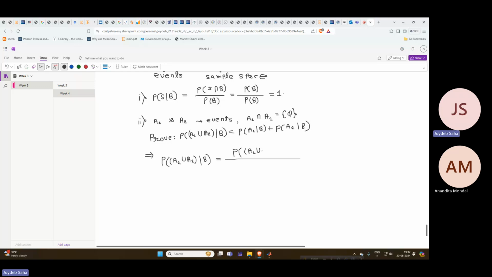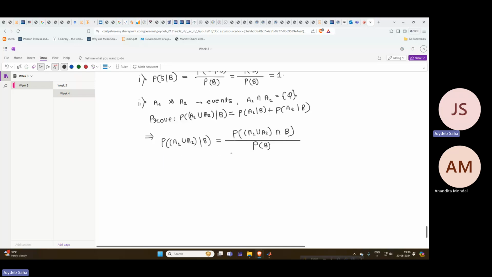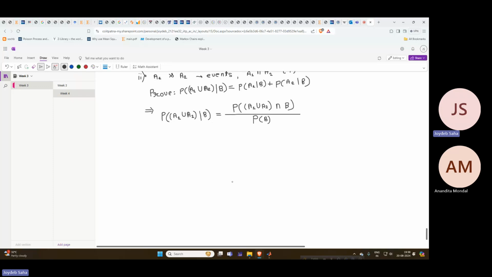Probability of A1 union A2 intersection B divided by probability B. This is nothing but the formula from conditional probability. Right?